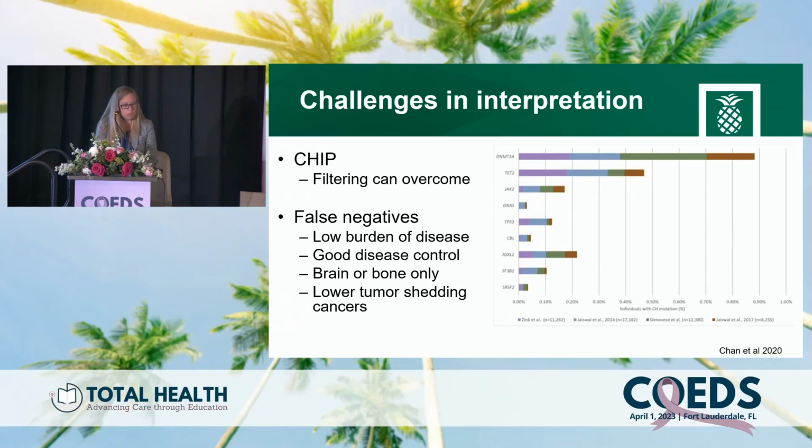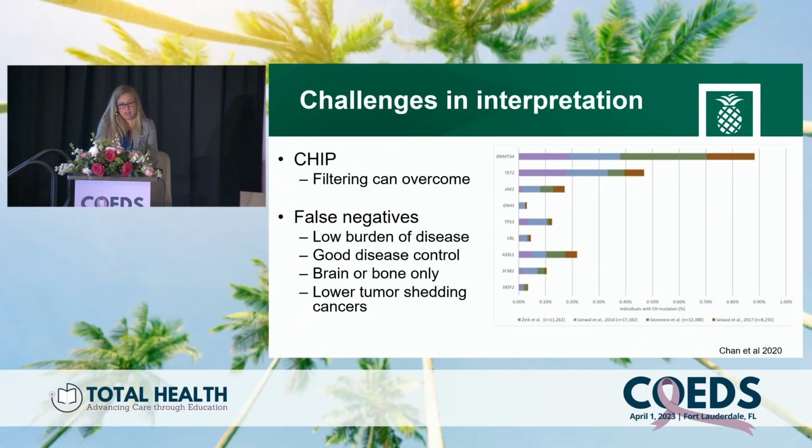Some companies will, to some degree, filter for this, but the mutations that you see here, which we think of with myeloid malignancies, are ones that should signal to you that this is probably more of CHIP rather than a breast cancer-related mutation: DNMT3A, TET2, JAK2. So we would not consider those to be breast cancer-related.